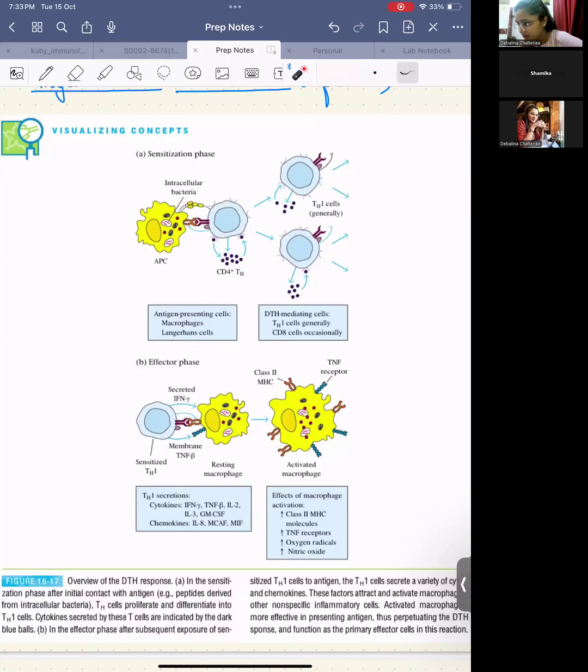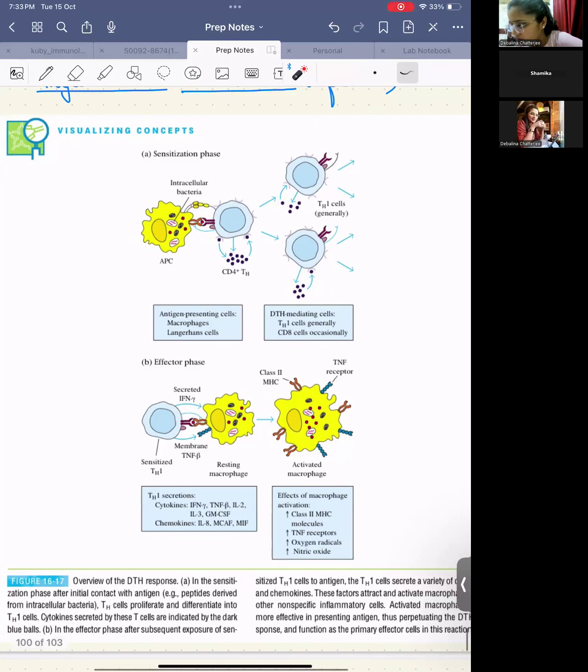Usually the Th cells produce certain cytokines, but in delayed type hypersensitivity, the Th1 cells release cytokines that enhance the activity or the cytokine release from your macrophages, and they eventually maintain these macrophages in a constitutively activated state.